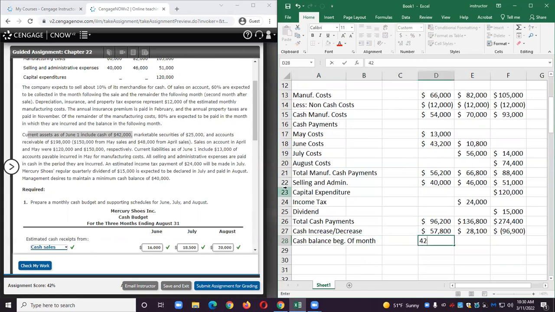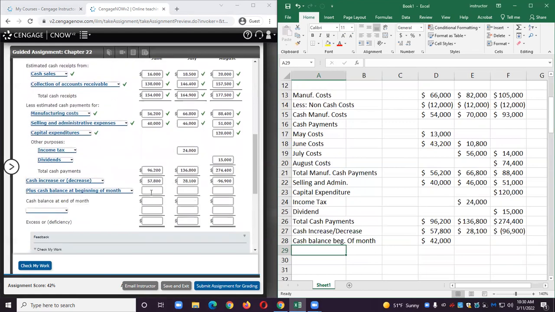We know it was 42,000 at June 1st, because that's given to us here in the problem information. So my cash increase plus my cash balance at the beginning of the month is going to be my cash balance at the end of the month.